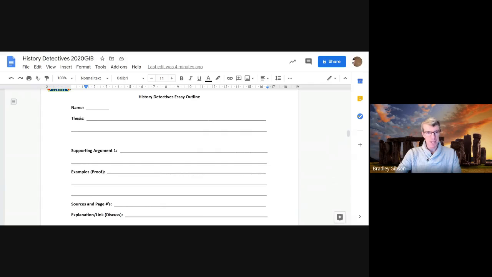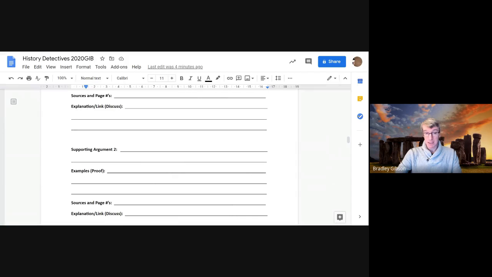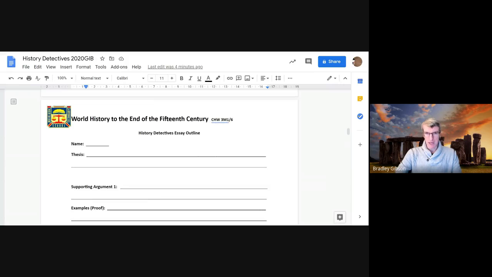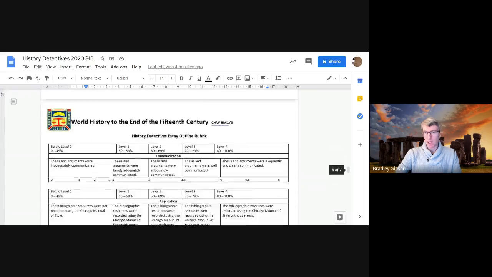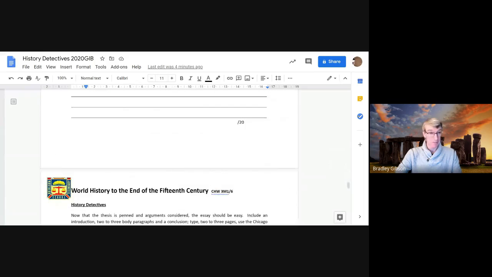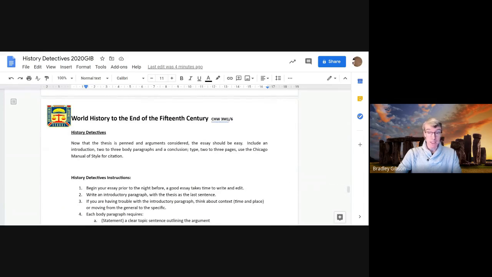Essentially, you're going to take the essay outline, cut and paste the details into a document and write the connecting sentences and possibly provide more detailed evidence.